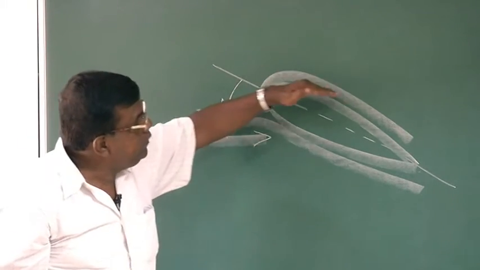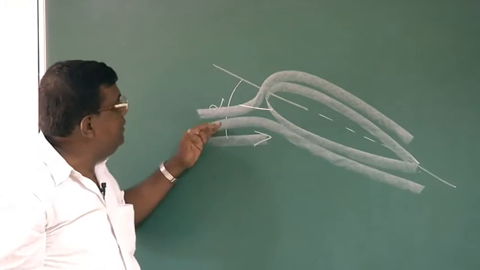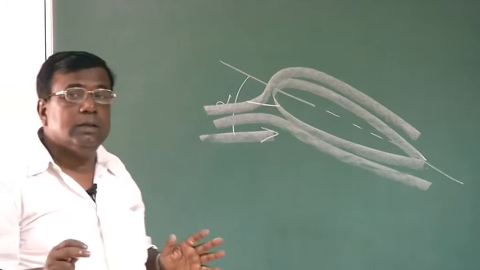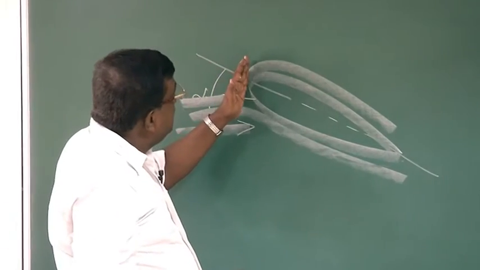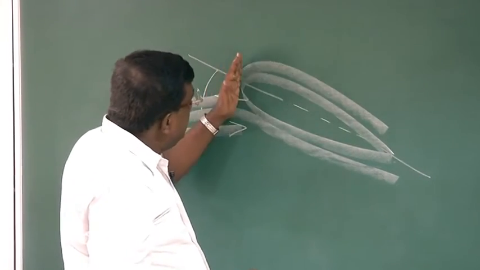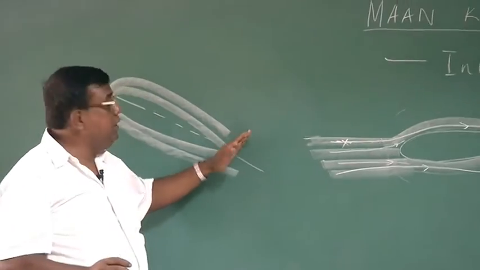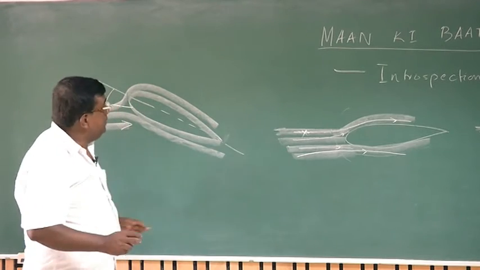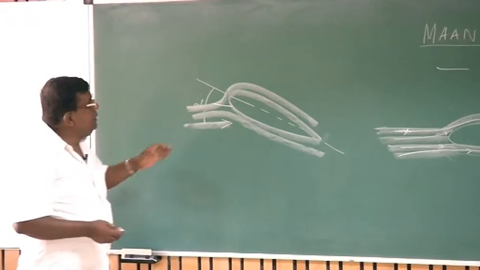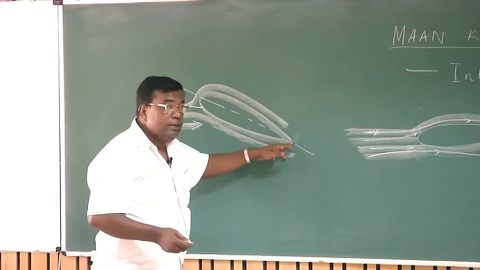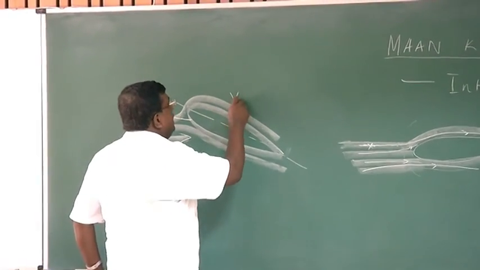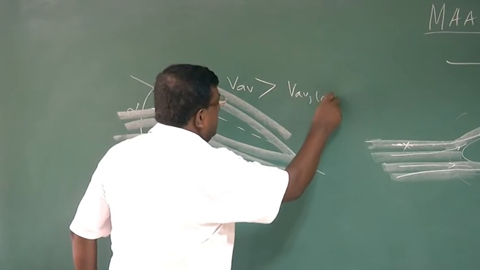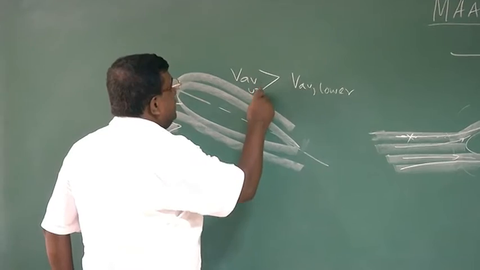This is going like this, so it will be traversing a larger distance than this fluid particle. However, because of continuity, whatever has entered here has to come out at the same time, that is, all fluid particles will come here at the same time. That also tells us, since this has to travel a larger distance, the average velocity here has to be greater than the average velocity lower, or I call it upper.